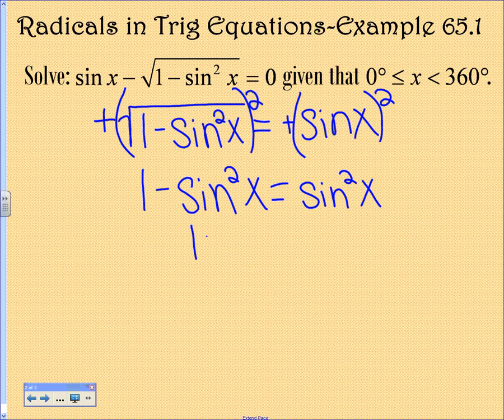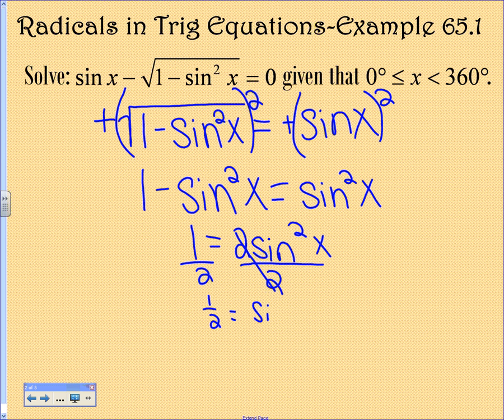So it would be 1 equals 2 sine squared x. Now what? Divide by 2. So I have 1/2 equals sine squared x.